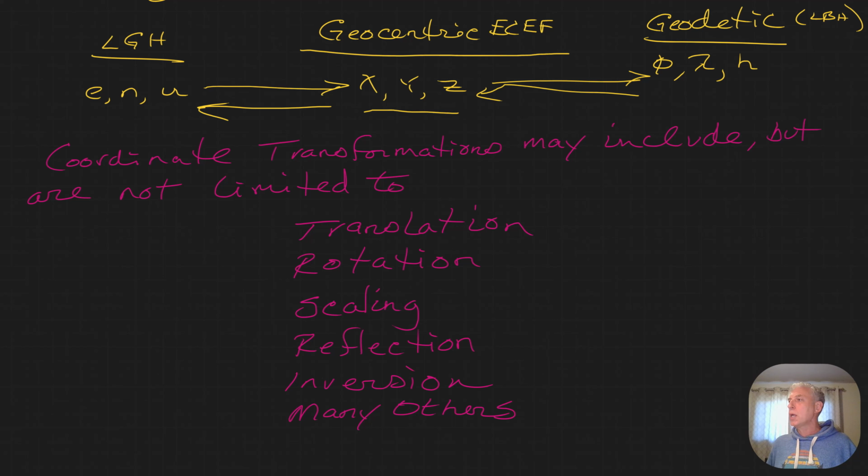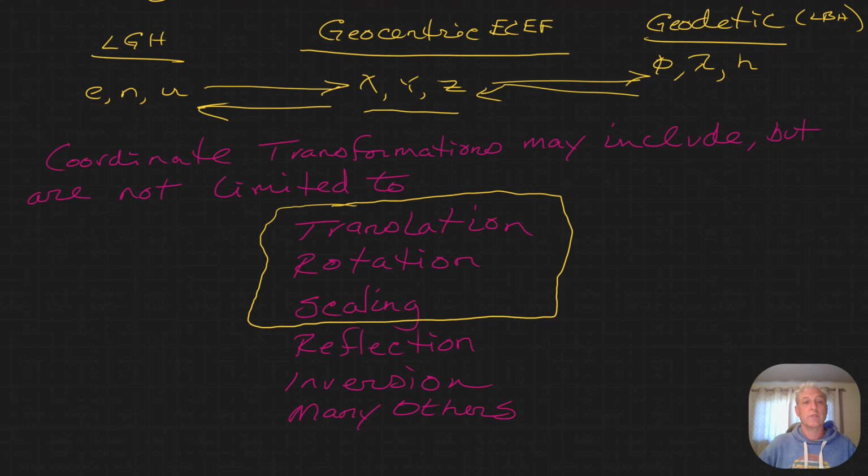And in our world of cartography and surveying, we are mostly, if not entirely, focused on these three transformations: translation, rotation, and scaling. Hopefully that's no surprise.